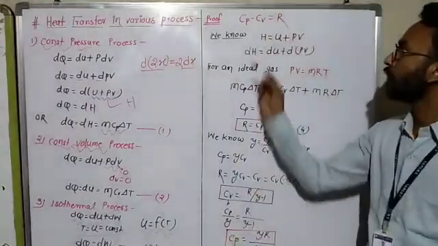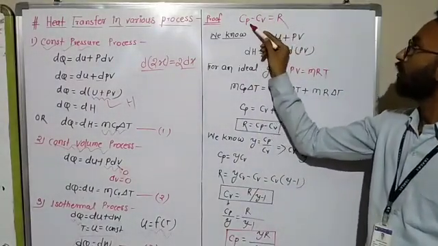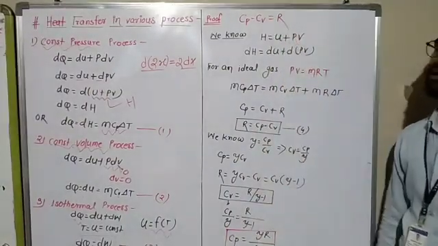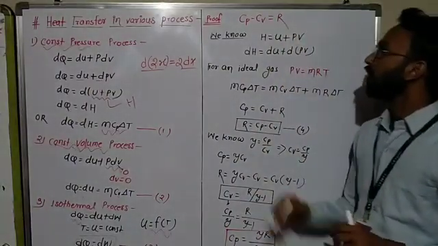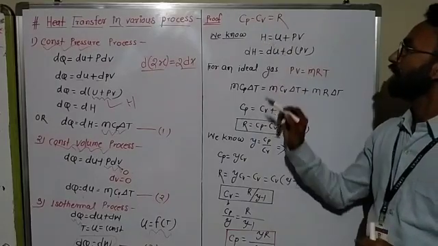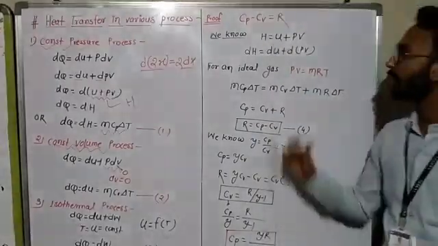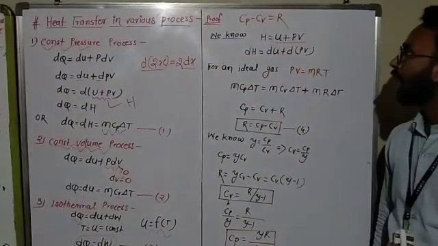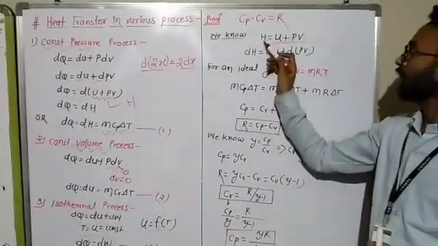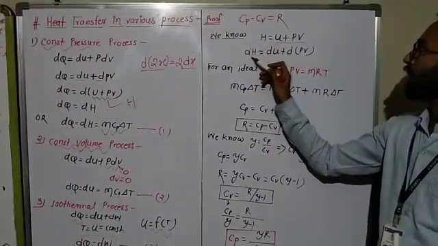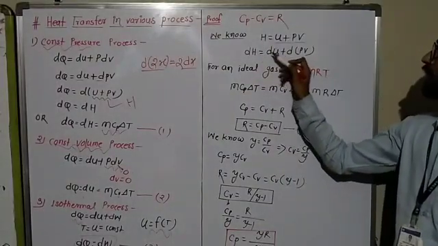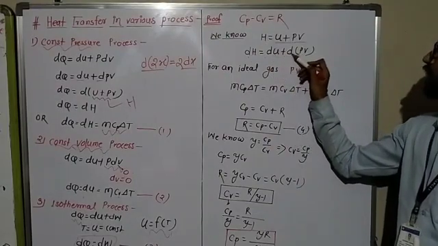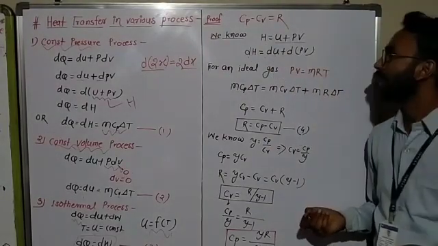Now, we can prove that the specific heat at constant pressure minus specific heat at constant volume is equal to the characteristic gas constant R. You know, enthalpy is nothing but the summation of the internal energy and the product of the pressure and volume. Now, the change in enthalpy is equal to the change in internal energy plus d(PV) or PdV.